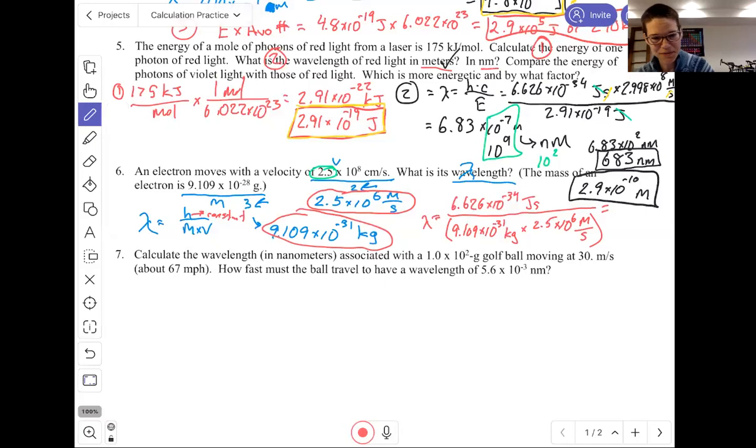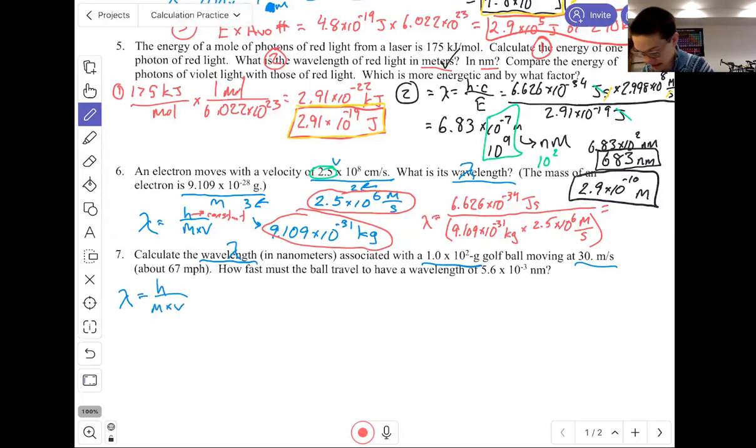So number 7, we're going to do the same thing, right? Calculate the wavelength associated with this mass of a golf ball moving at 30 meters per second. Okay, so wavelength equals Planck's constant over mass times velocity.